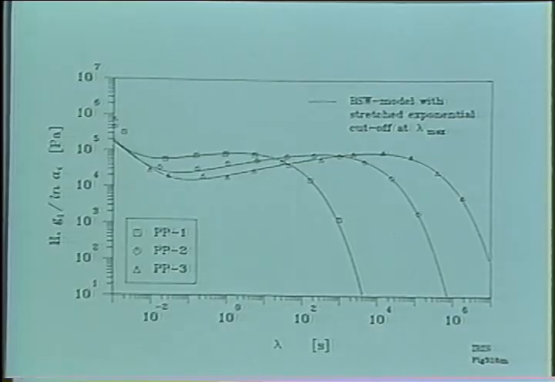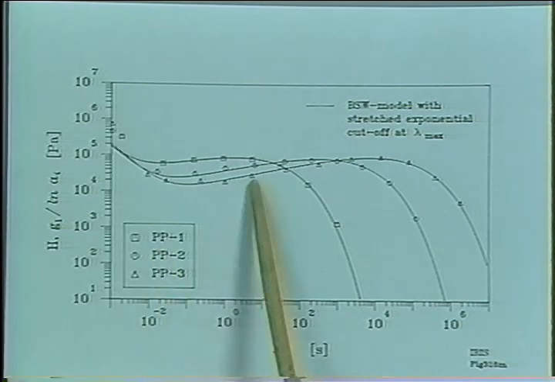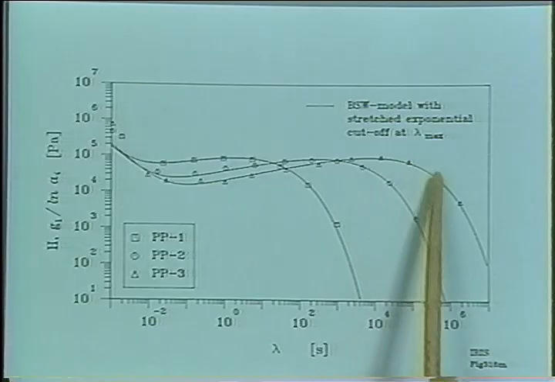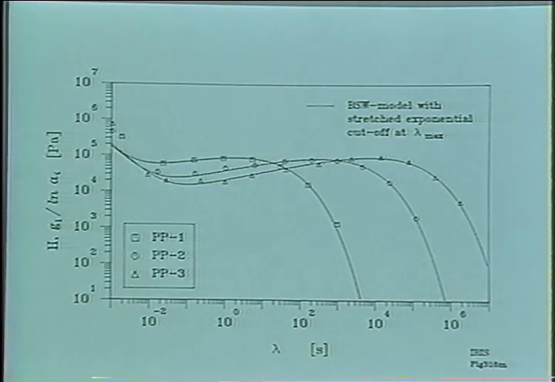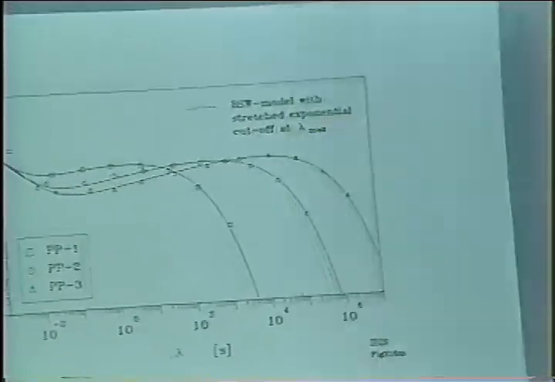This is H for the three polypropylenes, and the points here are the discrete values of g I divided by, excuse me, in my previous formula I left that out.